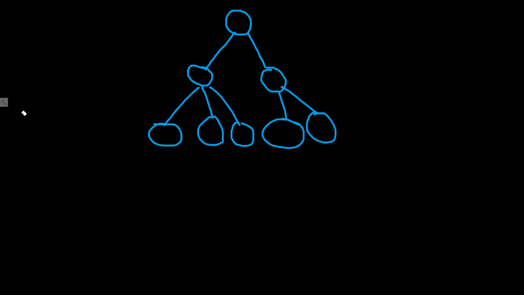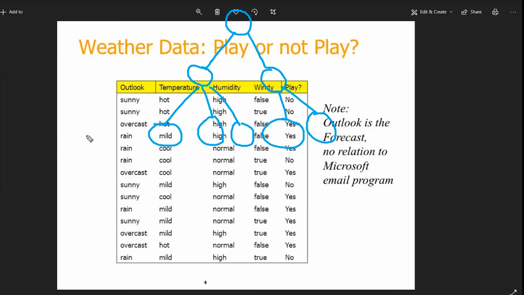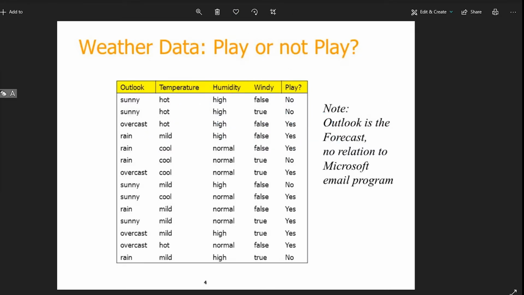Okay, so how does a decision tree work? Let's think of them as if-else. Let me show you. Let's suppose we are using Outlook.